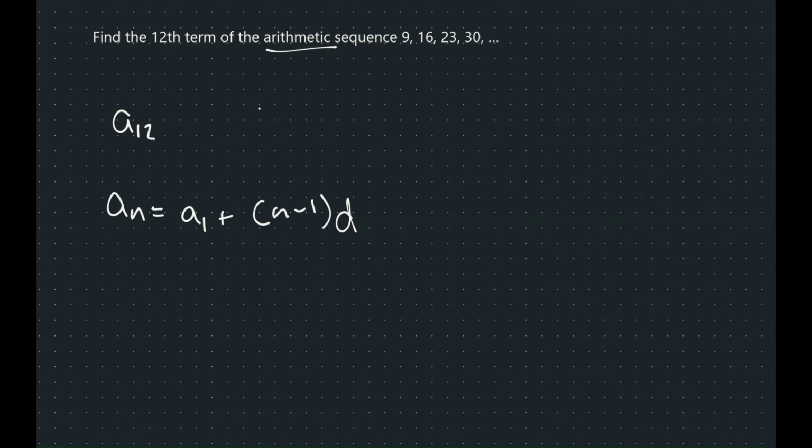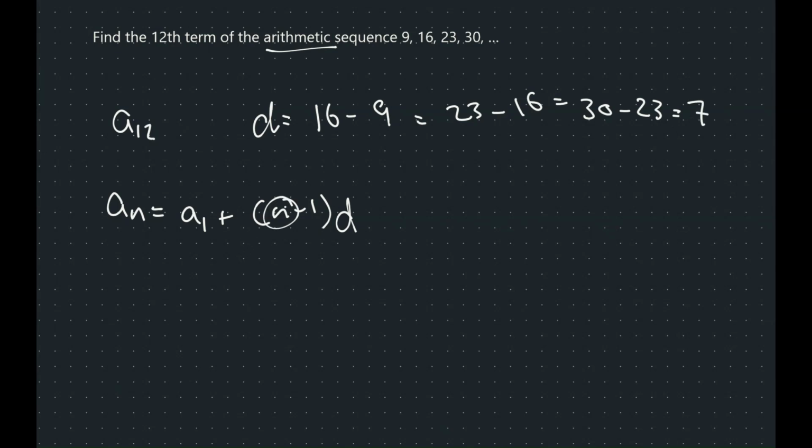So what is d? d is going to be the later minus the previous, right? So it's equal to 16 minus 9, which is equal to 23 minus 16, which is equal to 30 minus 23, which is equal after all to 7. And n is going to be 12 as well.